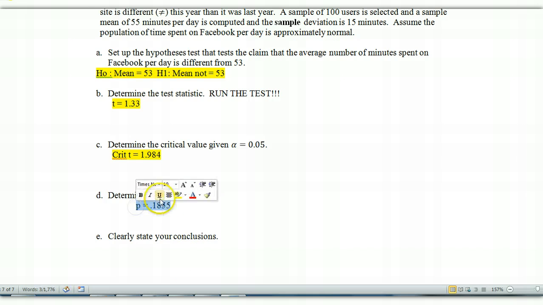Alright, and clearly state our conclusions. The last thing, remember, if the p-value is less than alpha, we reject. If the p-value is greater than alpha, that means we fail to reject.